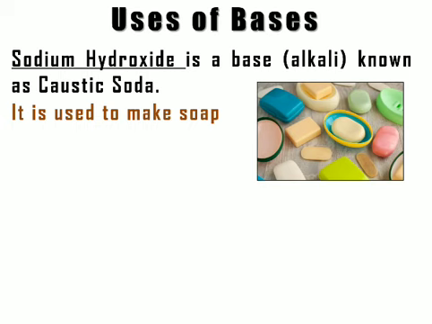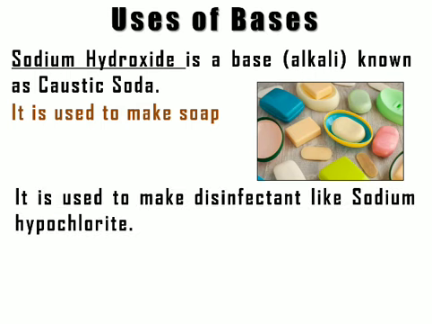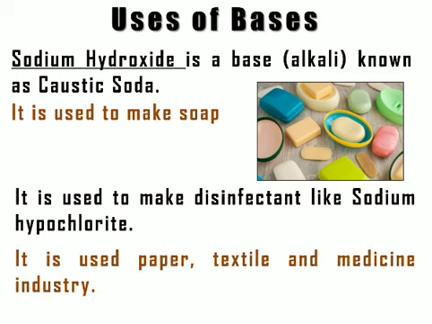Manufacturing of soap can be done with the help of this base, caustic soda or alkali. It is also used to make a disinfectant known as sodium hypochlorite. Bleaching powder is also a disinfectant, but it has calcium, while here it has sodium. Sodium hydroxide is also used in the paper industry, textile industry, and medicinal industries for various purposes.